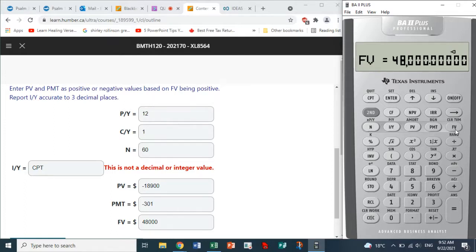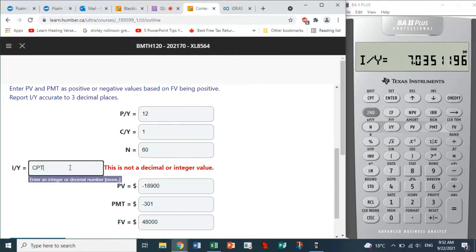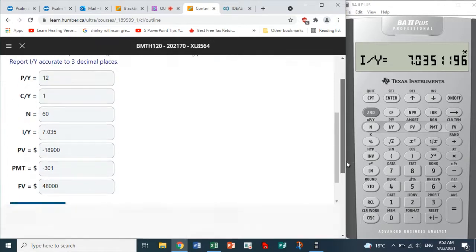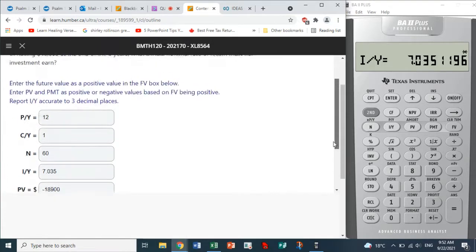So let's see what happens now. Let's compute the interest, and we get 7.035. IY has to be accurate to 3 decimal places. So let's see if our answer is correct.